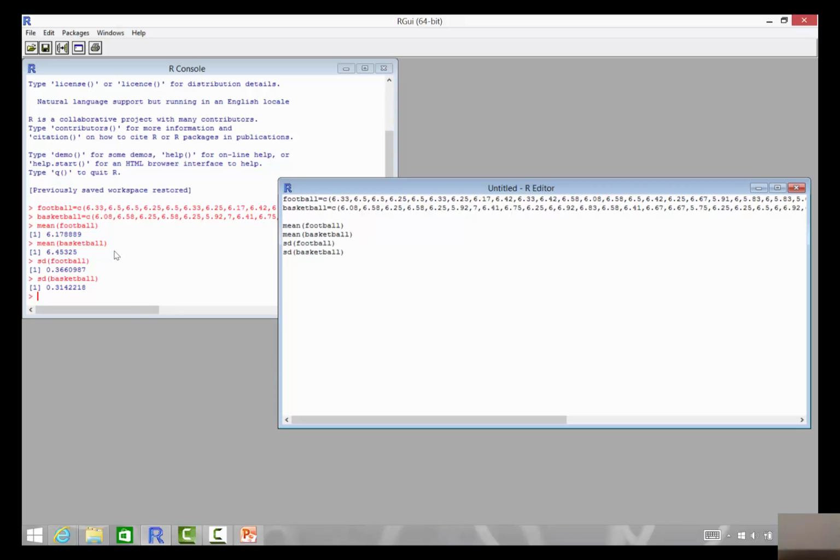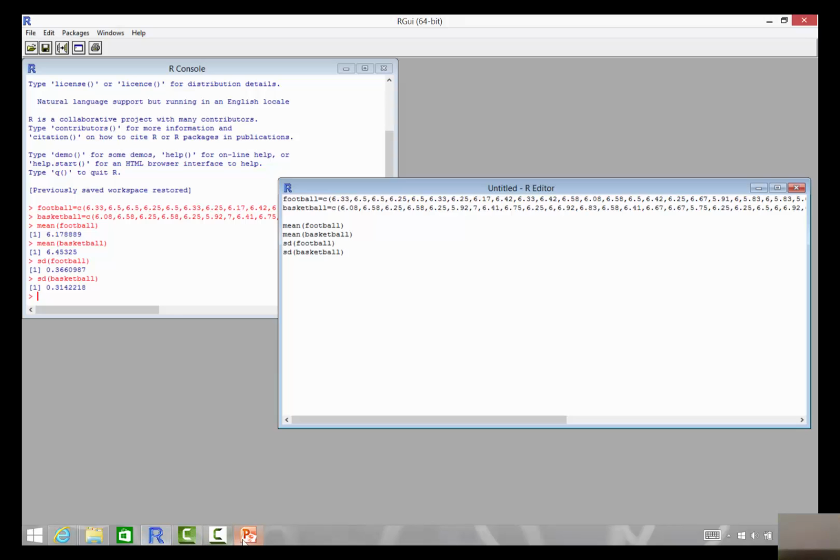So this is x1 bar, this is x2 bar, this is s1, the standard deviation of football players, and s2, the standard deviation of basketball players' height. This is the height data, in feet. So I got x1 bar, x2 bar, s1, s2.